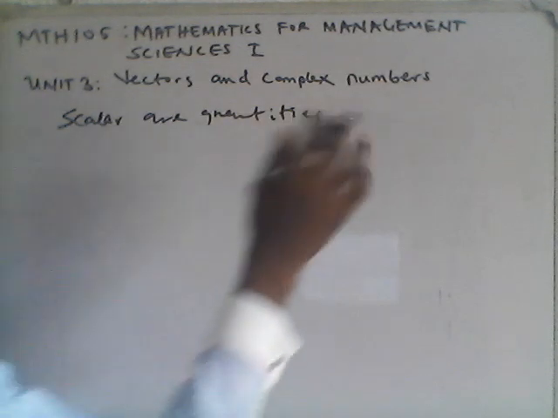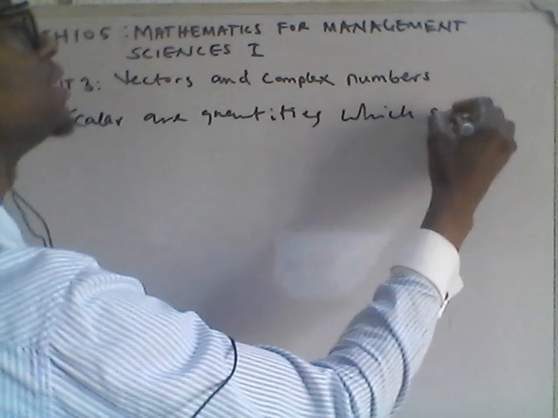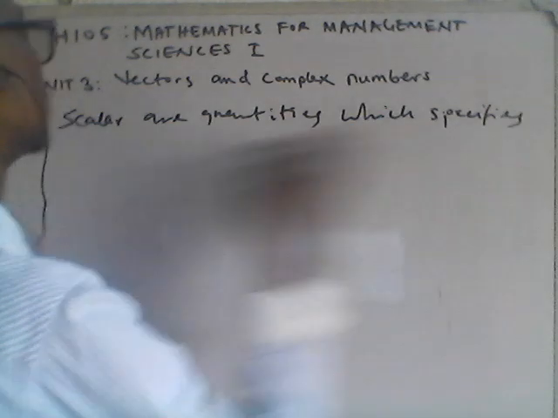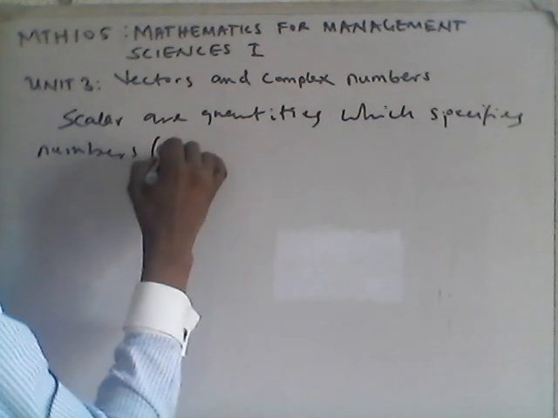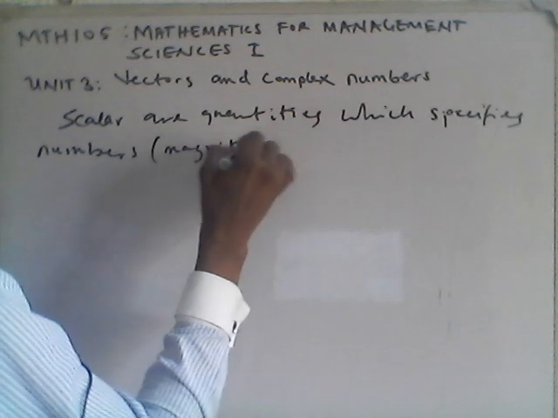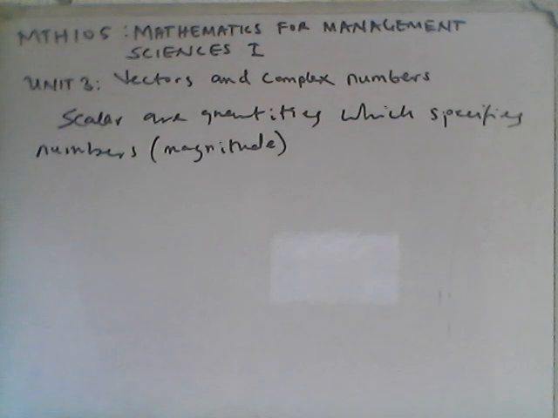It just specifies numbers, or I can call it magnitude. You understand? And it is measured in terms of some chosen units, but does not have any specific direction. So that's the keyword. It specifies numbers without specific direction.